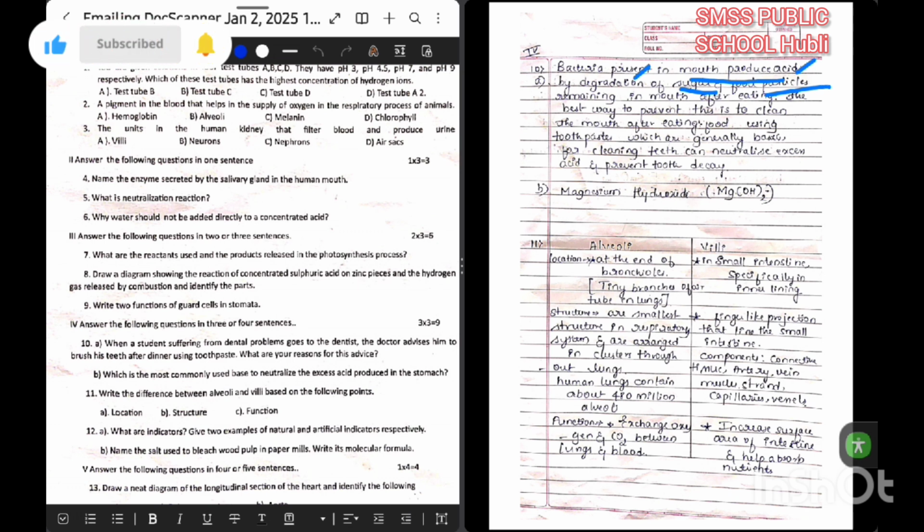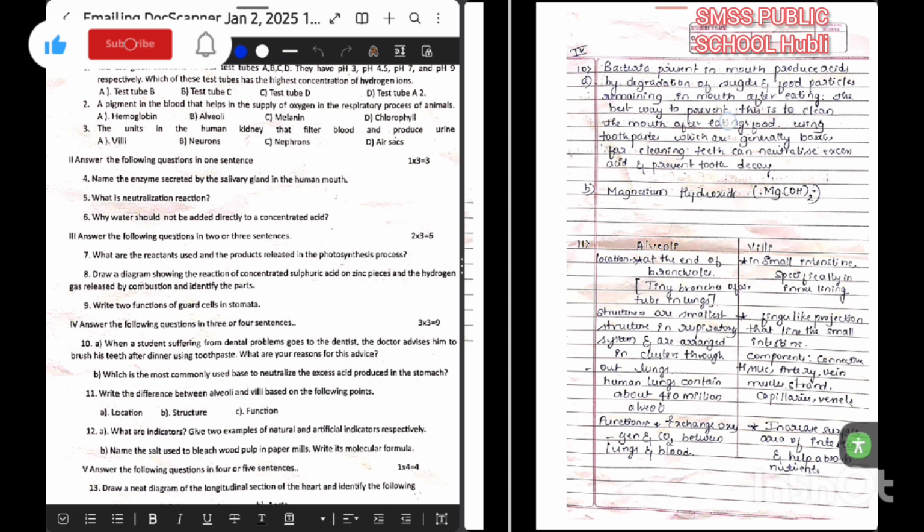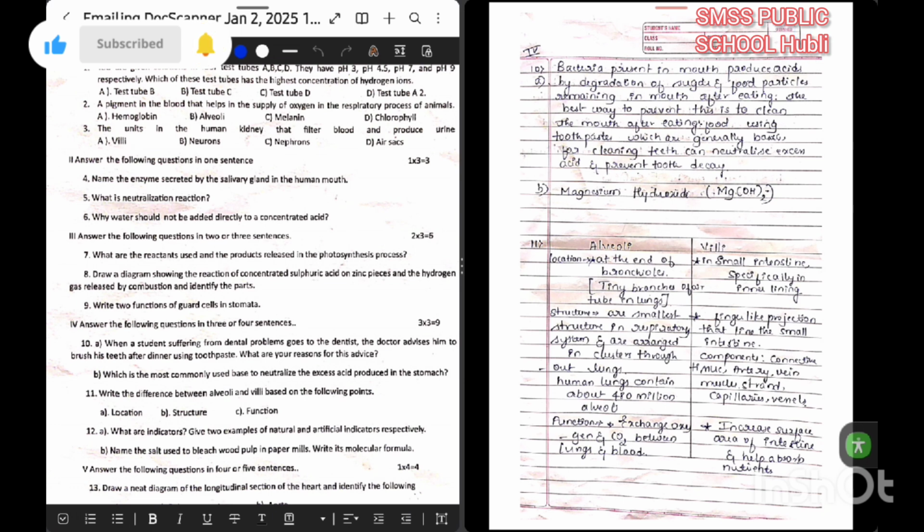And after eating, the best way to prevent this is to clean the mouth. Okay, after eating the food we have to clean our mouth. So in this, toothpastes are generally bases, so cleaning the teeth can neutralize the excess acid and prevent tooth decay.